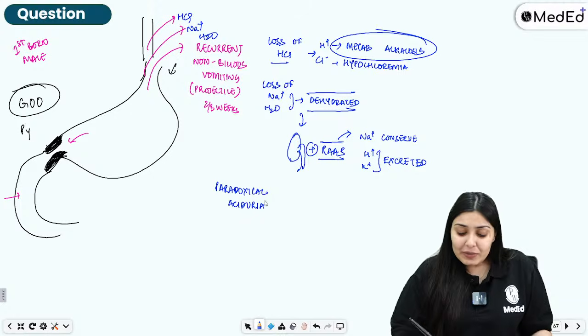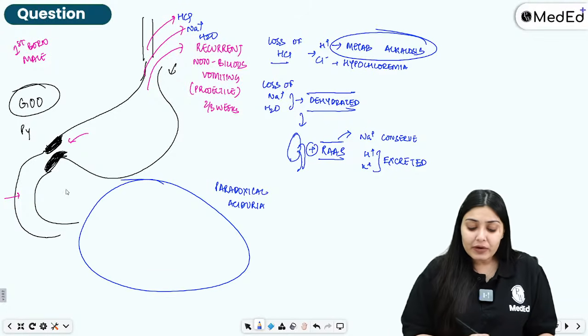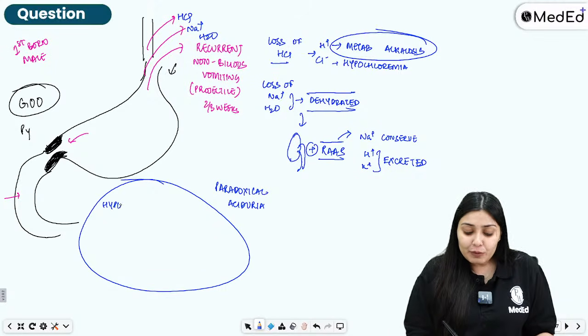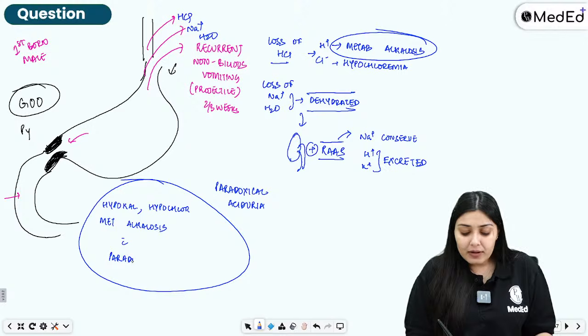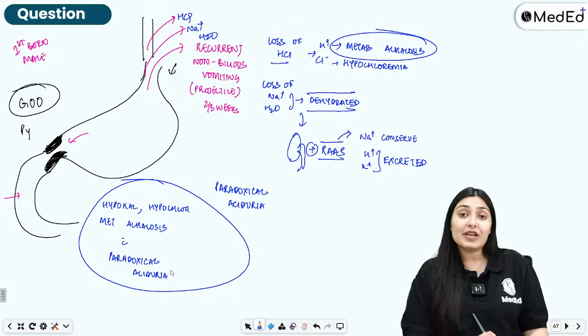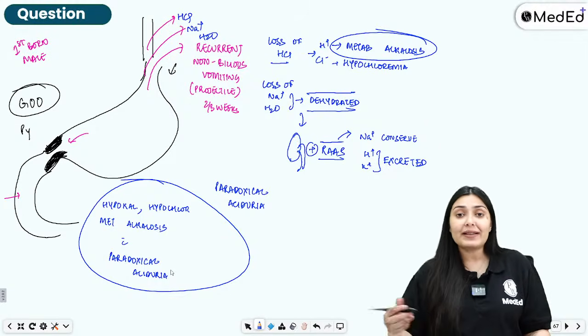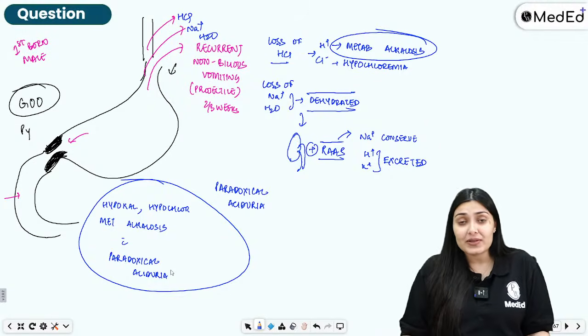So if you look at the complete picture, what are we seeing over here? We are seeing hypokalemic, hypochloremic metabolic alkalosis with paradoxical aciduria. So this is the picture that we see in CHPS, or congenital hypertrophic pyloric stenosis.